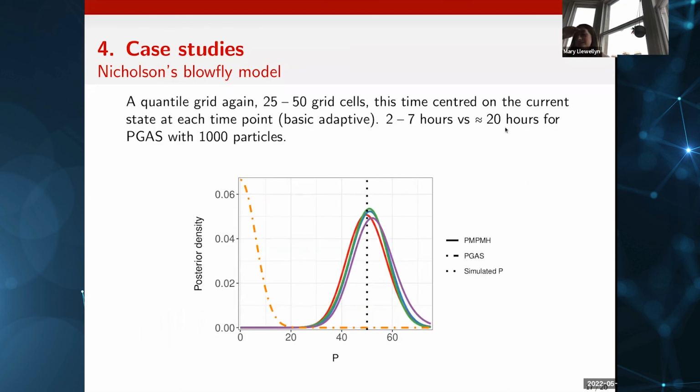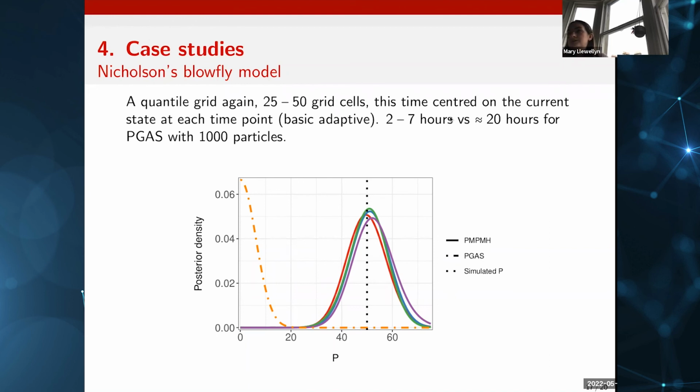In this case, we can use the proposed algorithm with grid cells centered on the current state, with these quantile grids with centering, and we can use that to define the grid cell boundaries and achieve pretty good performance. I think the main logic is that because we have this jumpy state process, centering on the current state is quite a powerful tool to help us locate the current state and maybe the next one as well.